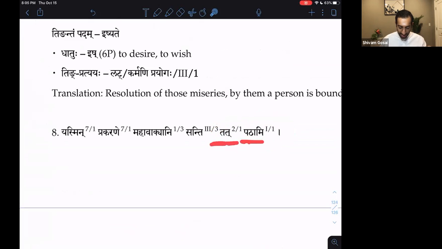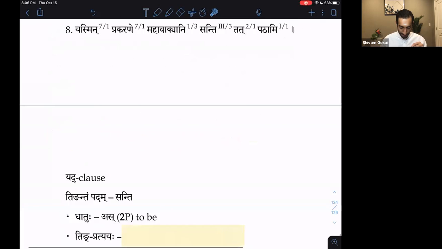Yasmin prakarane, in which subject matter there are mahavakyas. So I study that in which subject there are mahavakyas. So that's just another example of yad and tad. So yad and tad, they don't have to be in the same case. Okay?